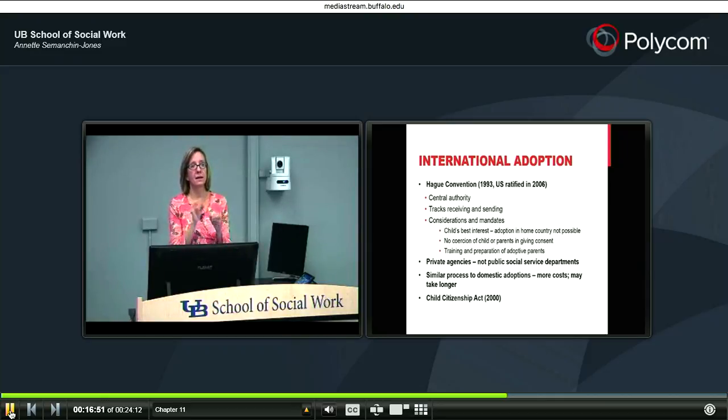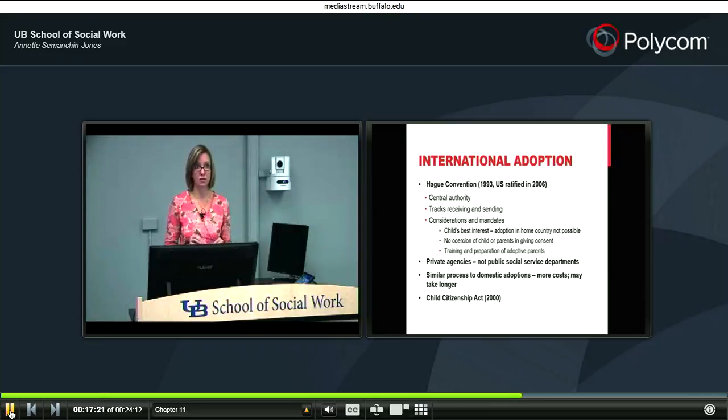They have some mandates, regulations, and standards that must be in place if you're part of the Hague Convention. The child's best interest is key. This is really focused on promoting adoption within the home country, so maintaining children within their own culture and country, so that international adoption is only allowed if that is not possible.